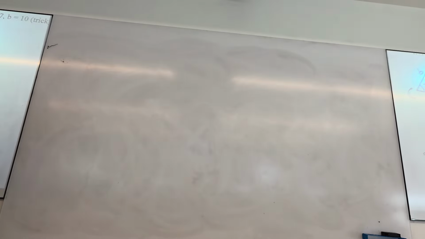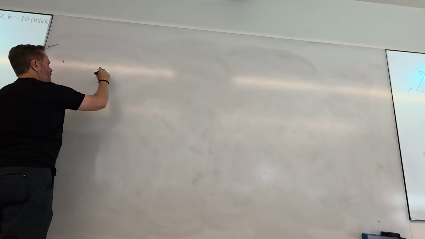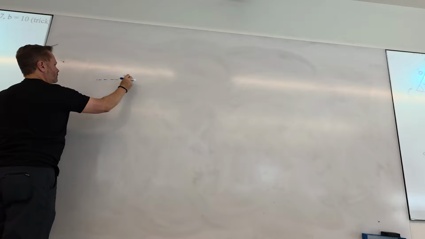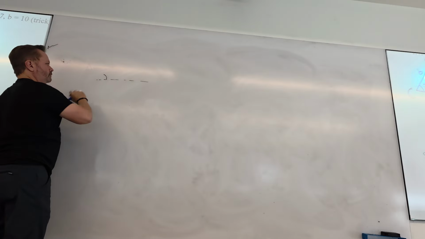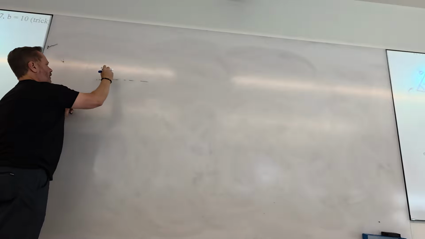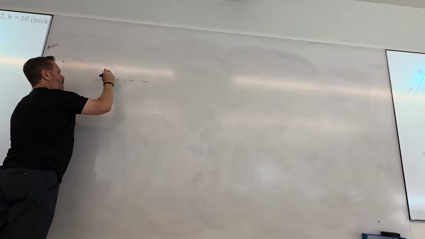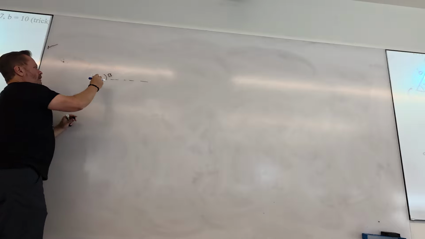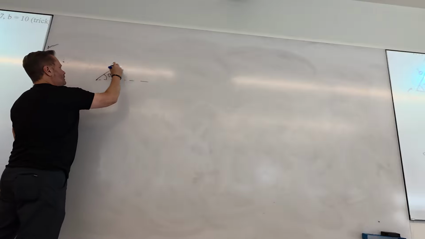Let's say I give us an angle. I drew the dotted line because I didn't give us how long that side is. I just gave us an angle. Let's just call this B for right now. And then I give us side C.